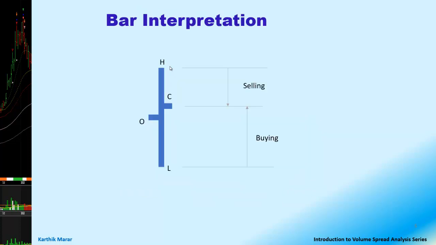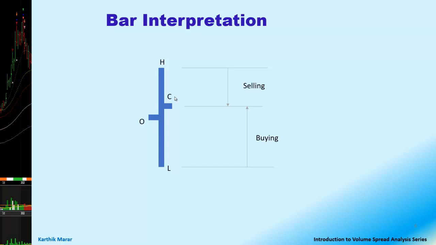Now let's look at the bar interpretation. Here we are trying to get more information from the bar. The value from high to close, we take as representing the selling, because if the price has reached the high and closed here, it was pushed down to this level through selling.